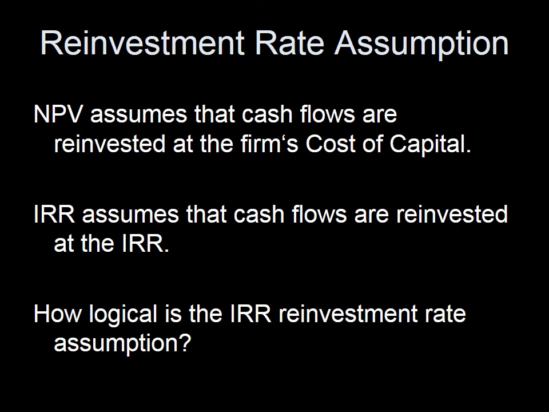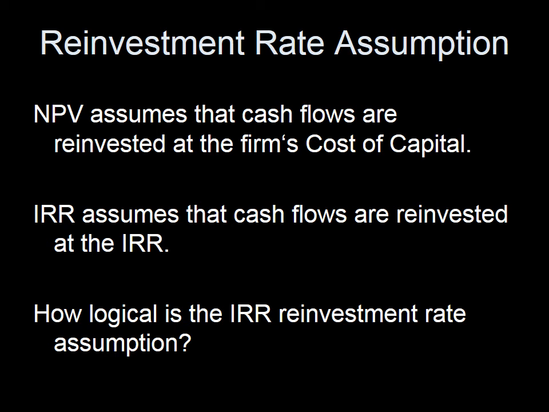The other reason is that implicit in the calculations for the net present value and the internal rate of return, we are making a reinvestment rate assumption. If you were to go back and look at the net present value slide, you would see the formula for net present value, and you would see that we discounted by the firm's cost of capital, right?